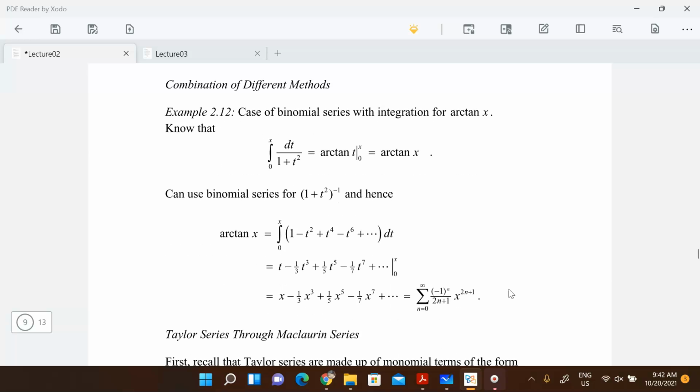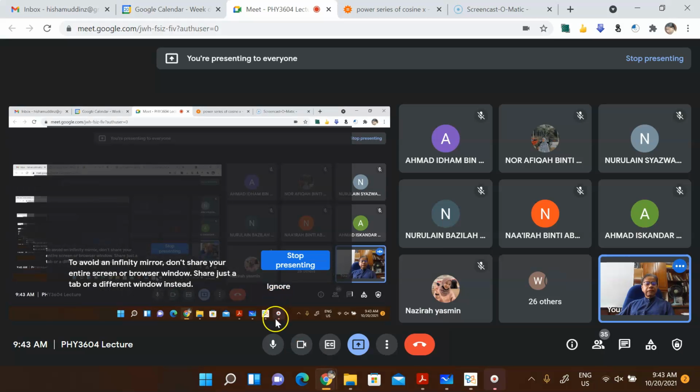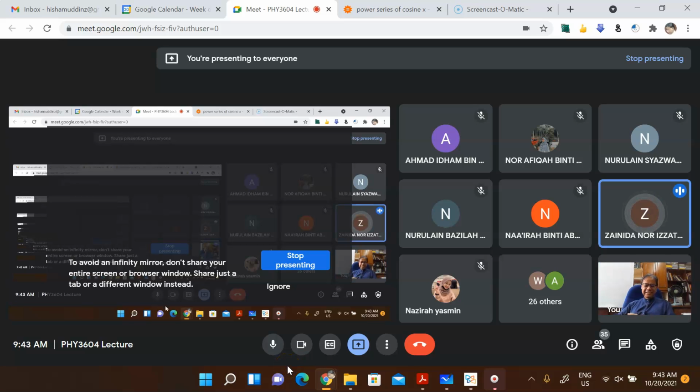Okay. Here's another interesting thing. I believe you have come across the idea of arctan or arcsine or arccos. You know what that means? A little bit. So what does it mean? Inverse tangent. Right. So what do you do to find out what the function is?